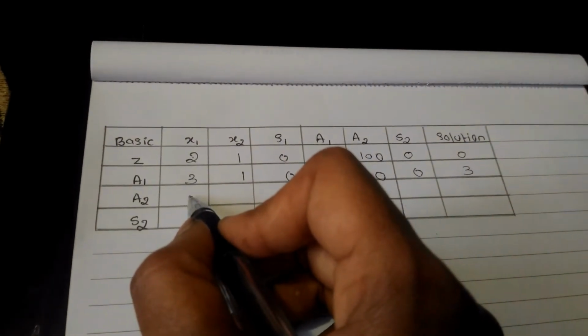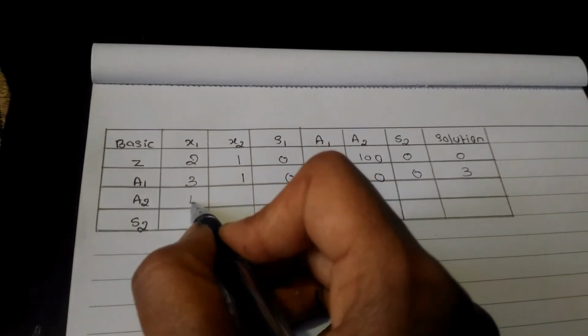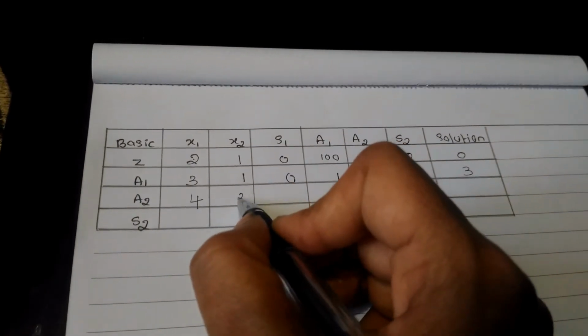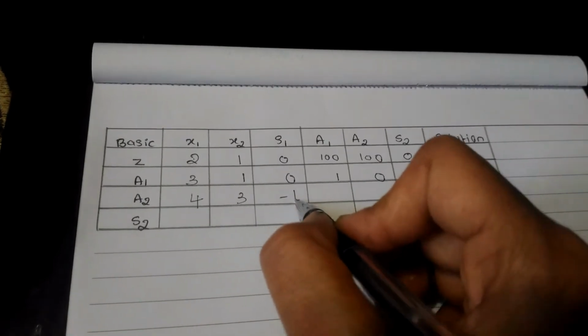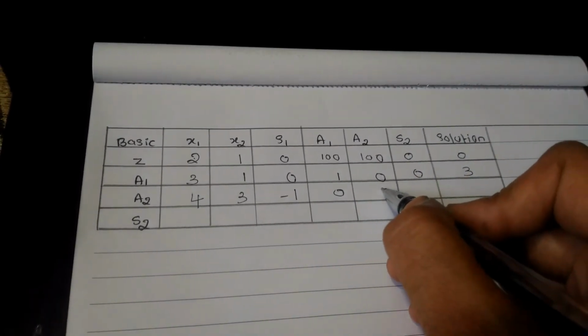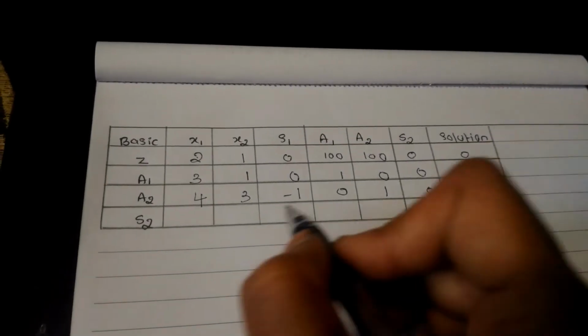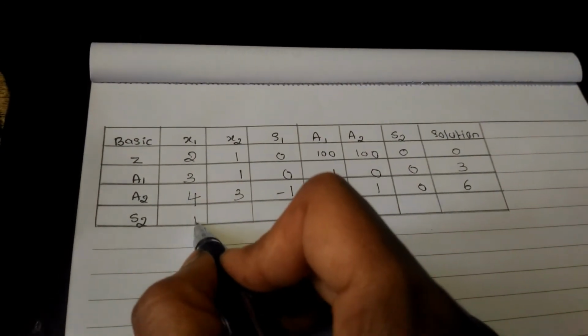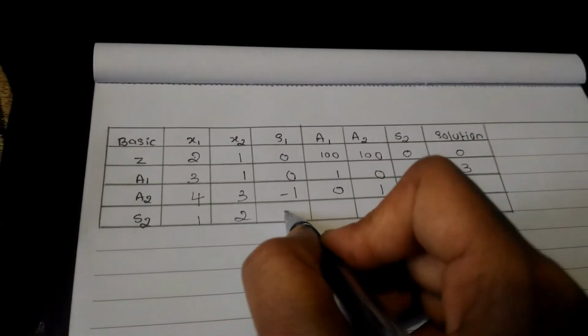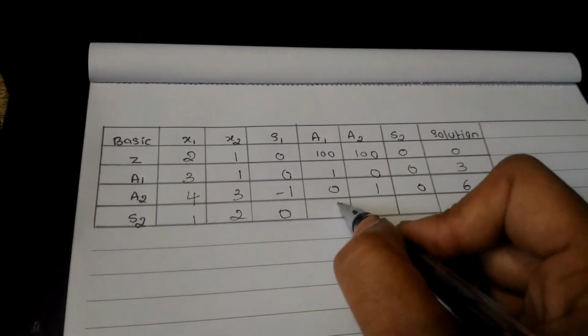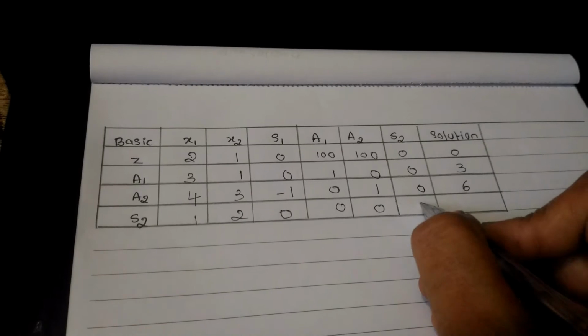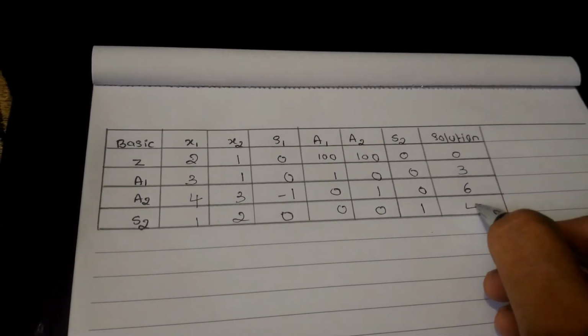Values for artificial variable a2 would be 4, 3, minus 1, 0, 1, 0, 6, and the values for s2 row would be 1, 2, 0, 0, 0, 1 and 4.